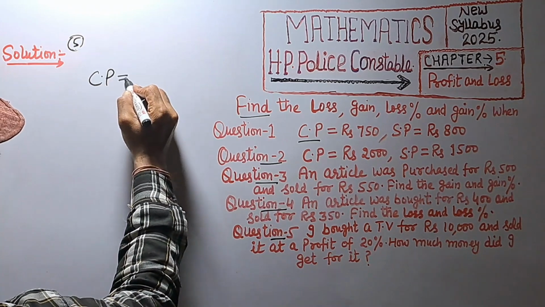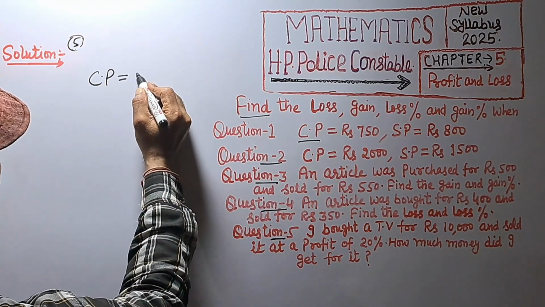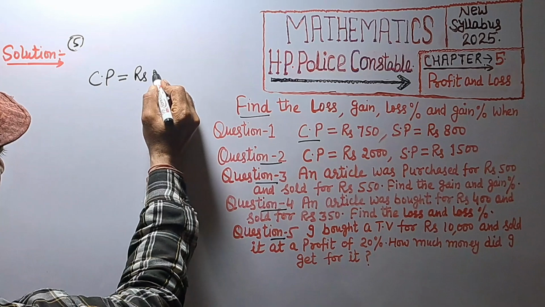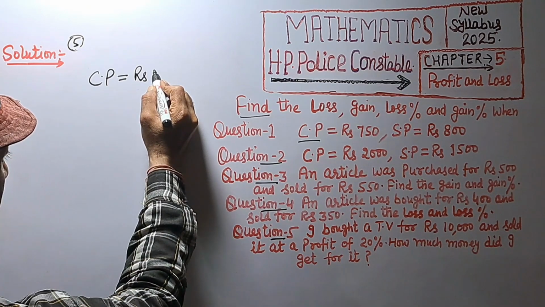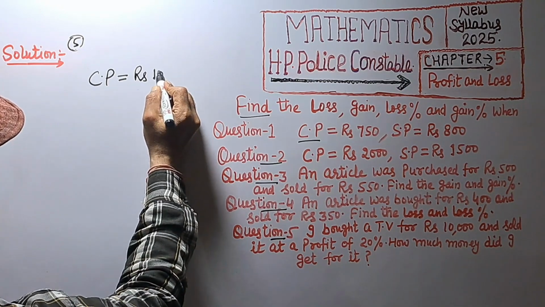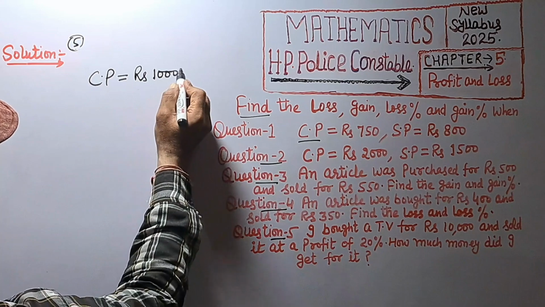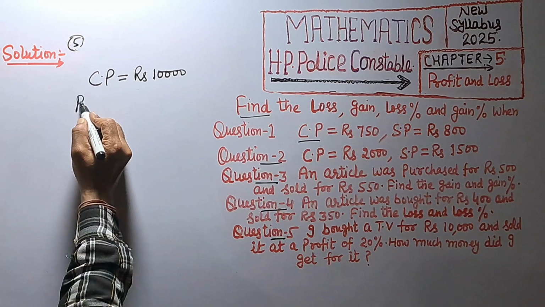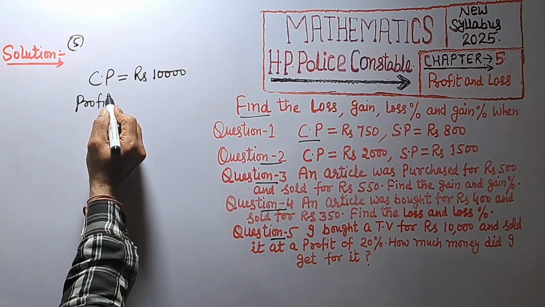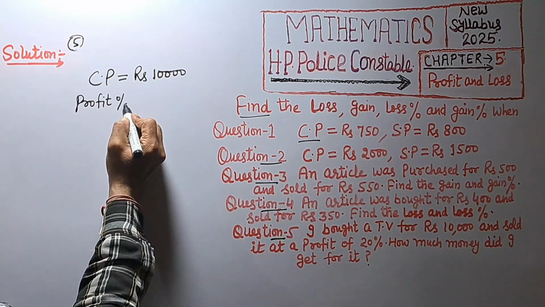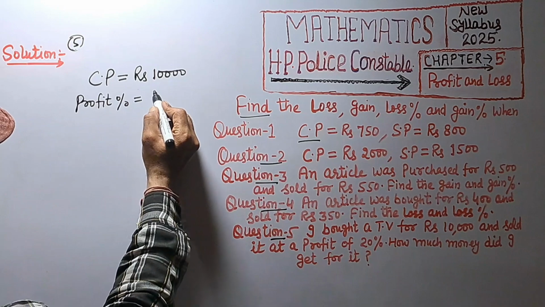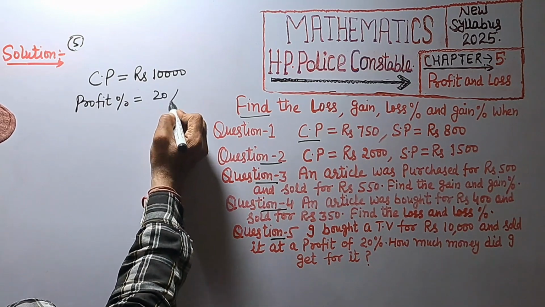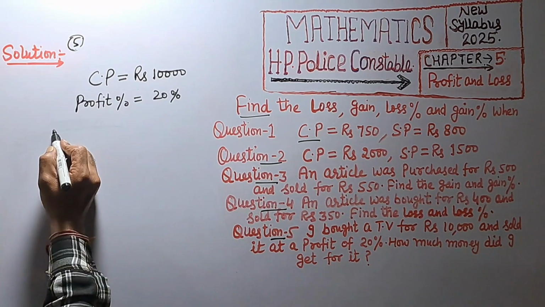Cost price equal to rupees 10,000. Profit percent equal to 20%.